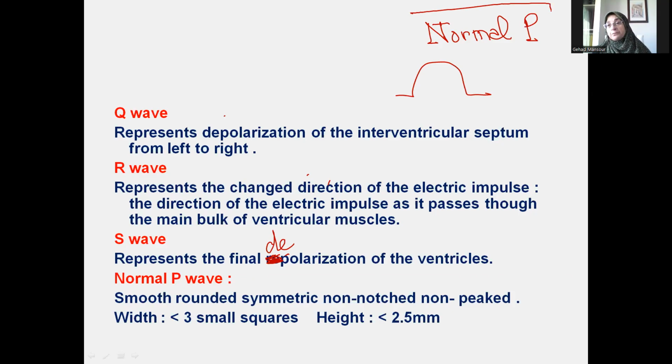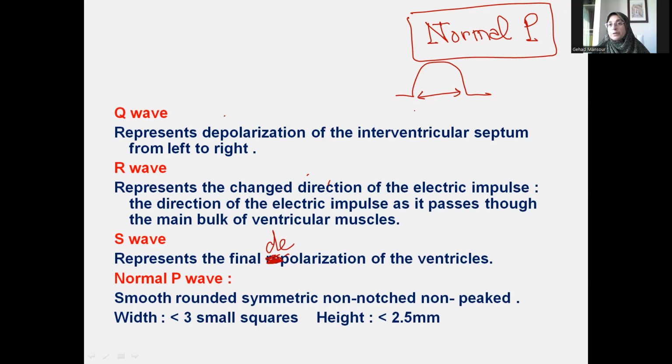So I might give you an ECG tracing where you have abnormal P waves, abnormal in shape, in duration, and I might ask you, are these normal P waves or abnormal P waves? And justify your answer. So you are going to see the width of the P wave.